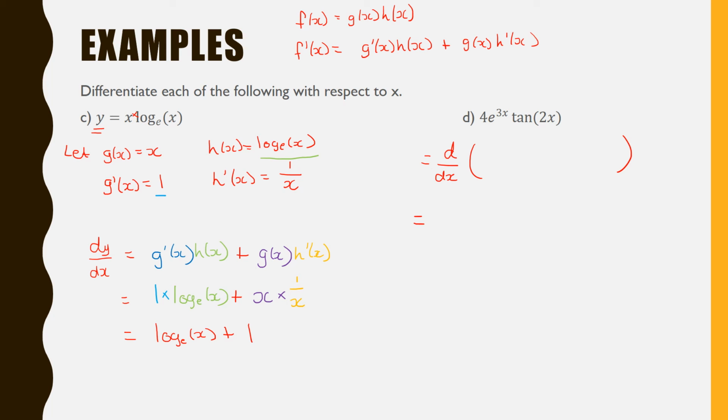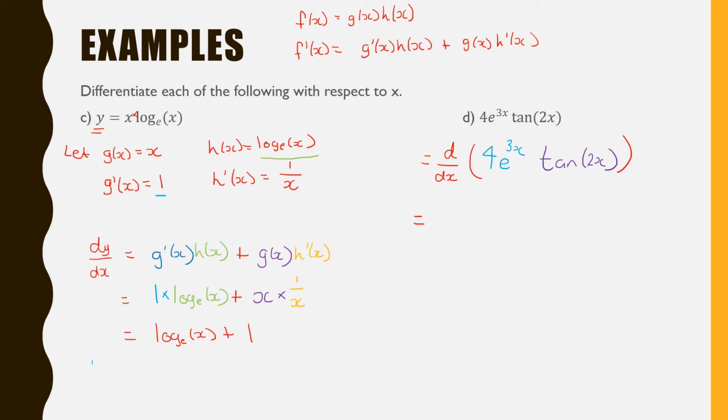We're differentiating the first part of our function, 4e to the 3x, and the second part of our function is the other one given here, which is tan of 2x. The shortcut way doesn't require us setting up g and h or u and v, but instead just requires you to think about differentiating one part at a time.